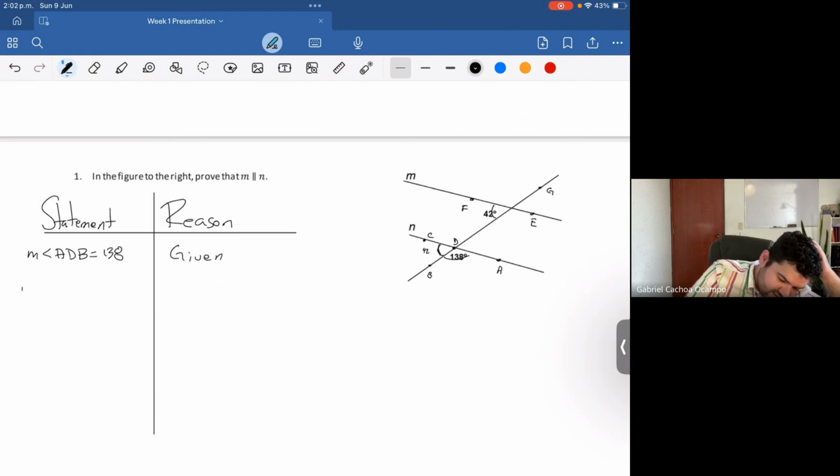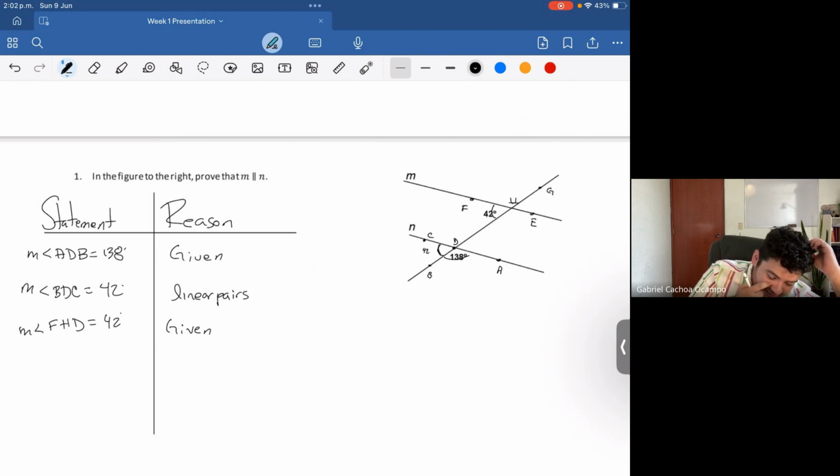Then angle BDC equals 42 because those are linear pairs. Then angle AFHD is 42, and that is given.